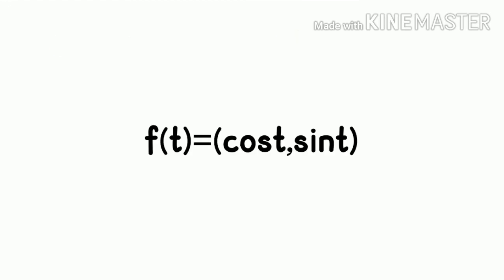For example, consider the function f(t) = (cos t, sin t) for each t belonging to the open interval (0, π). Since cos t and sin t are smooth functions on the open interval (0, π), we can say that the function f(t) = (cos t, sin t) is a smooth function from the open interval (0, π) to the set R^2.